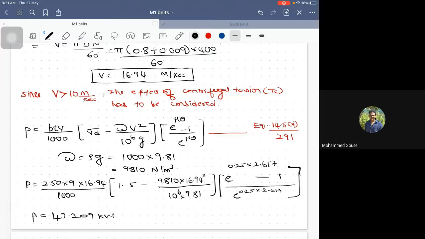Okay, 22.2. One more value. So which one is correct? 43 or 22? Vikit is also getting 22. Okay, 22. So 22.21 kilowatts.